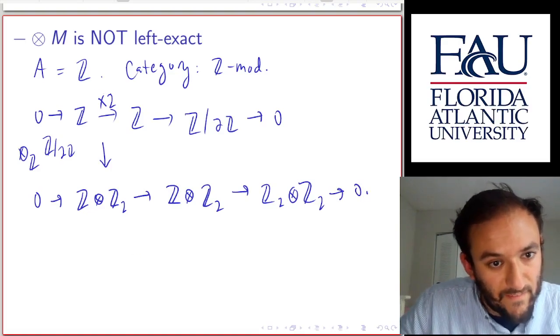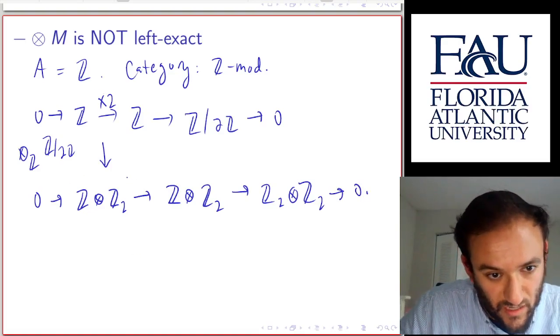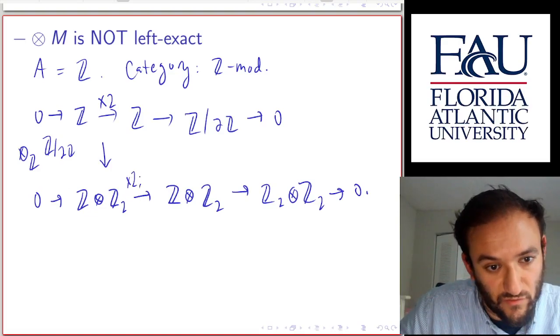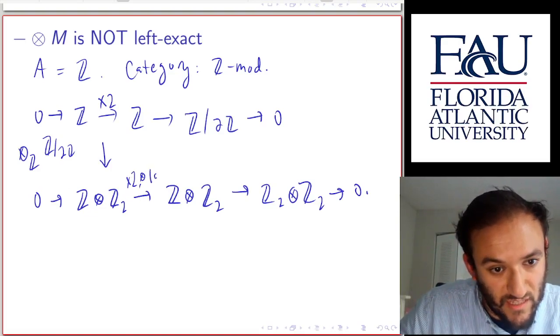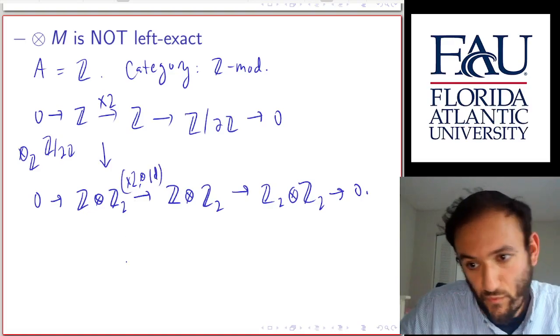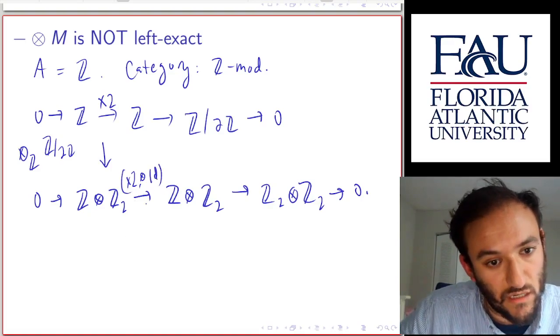Okay, and this second map now becomes multiplication by 2 in the first coordinate, and then just the identity in the second coordinate. Okay, and that's how this functor works.